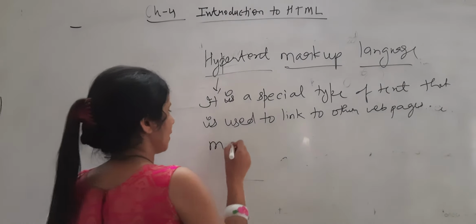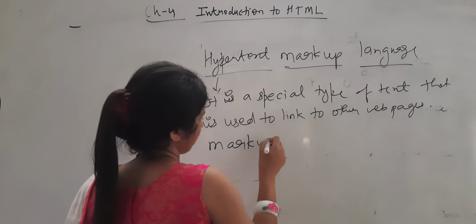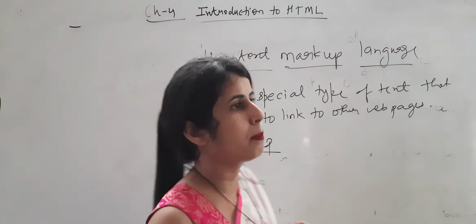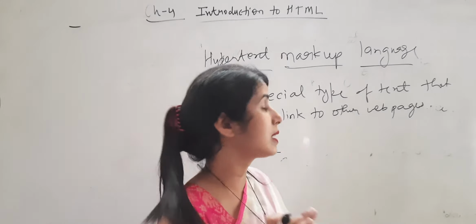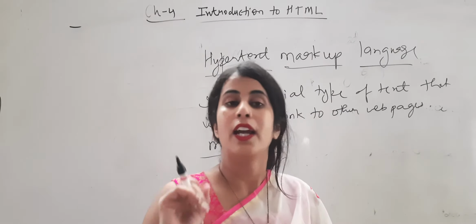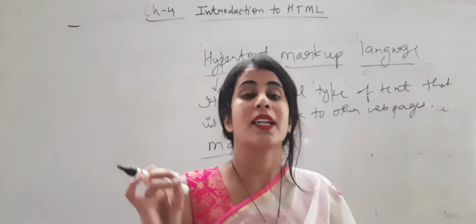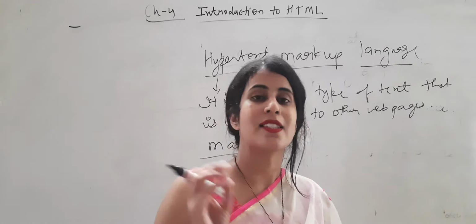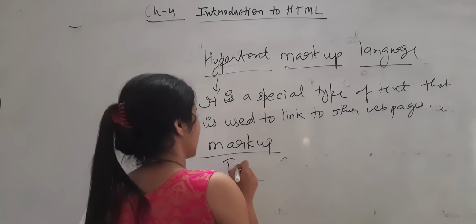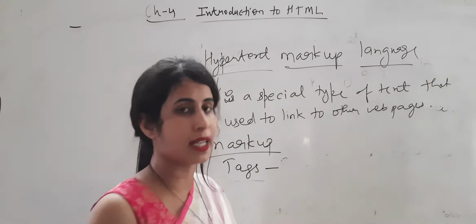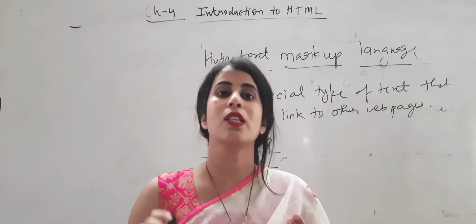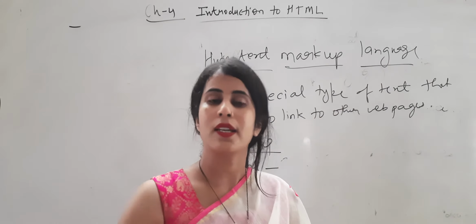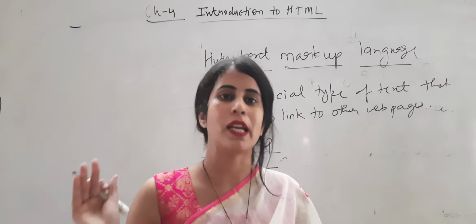Okay, second thing is markup. What is markup? Markup is a special feature of this HTML language, and it is the tag. In this HTML language, we have tags. And these tags are very special to us because they improve the appearance of the text of the web page.